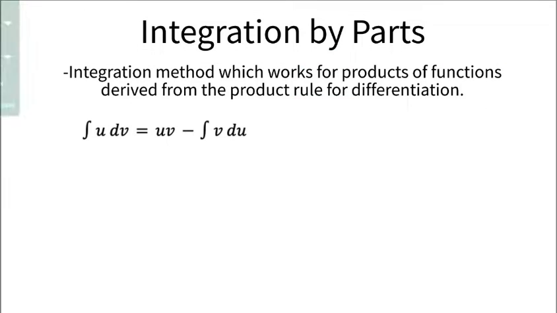If you want to derive this from the product rule, the product rule says that the derivative with respect to x of the product of two functions u and v equals u times the derivative of v with respect to x, so u times dv dx, plus the same thing but reversed, v times du dx.